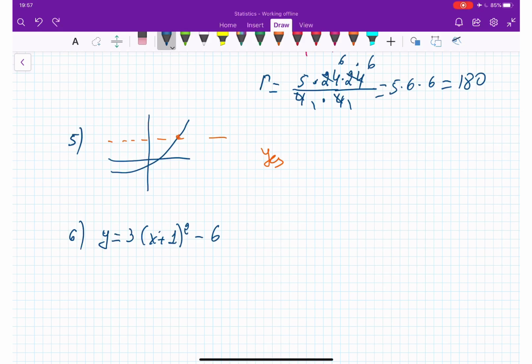Therefore, every time you have x squared, there is no one-to-one, because two different x's are going to have the same y. Therefore, this is not one-to-one.